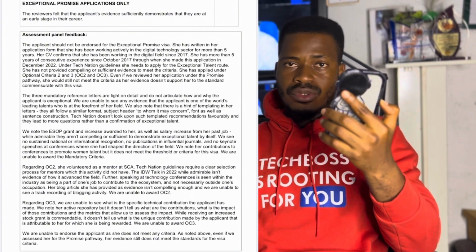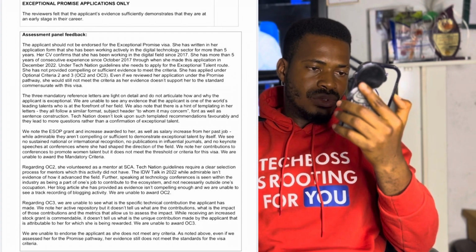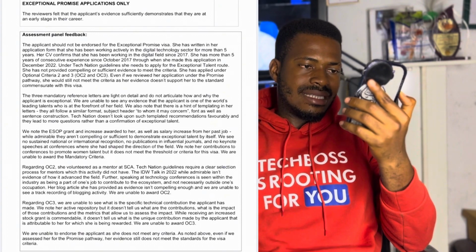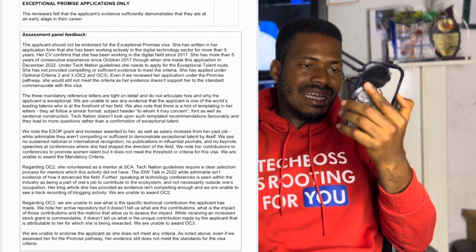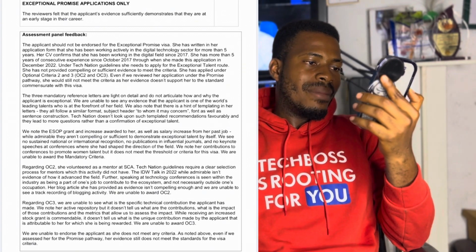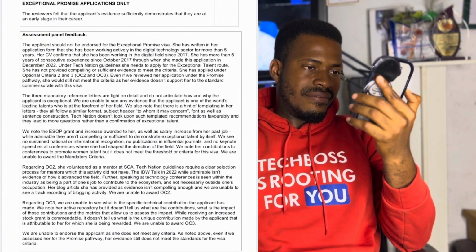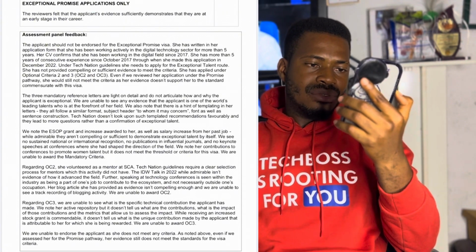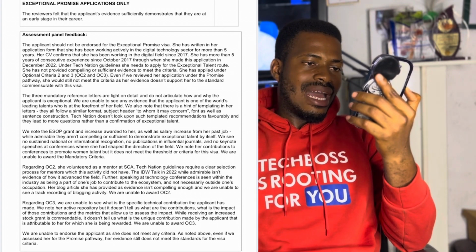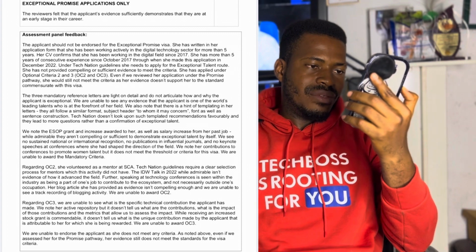According to OC2, so now they are reviewing OC2. Regarding OC2, she volunteered as a mentor at SCA. Technician guidelines require a clear selection process for mentors, which this activity did not have. The IDW talk in 2022, while admirable, isn't evidence of how it advanced the field.